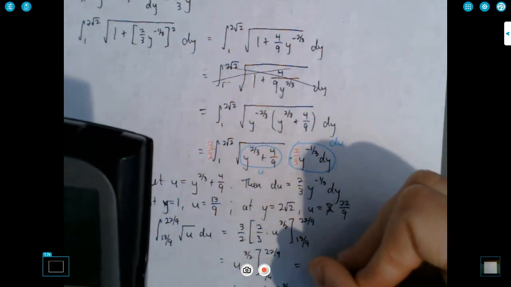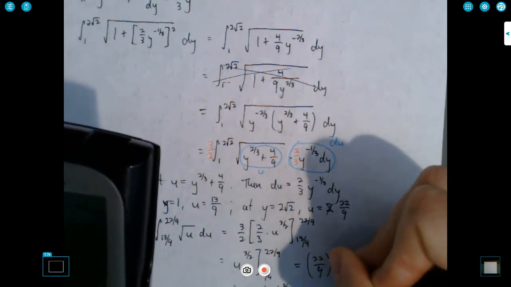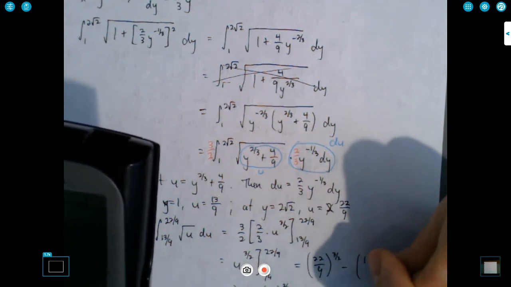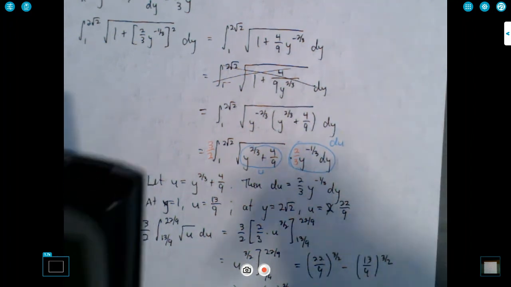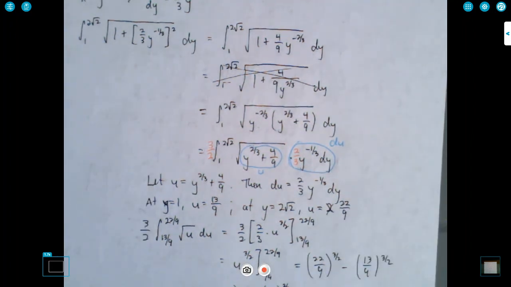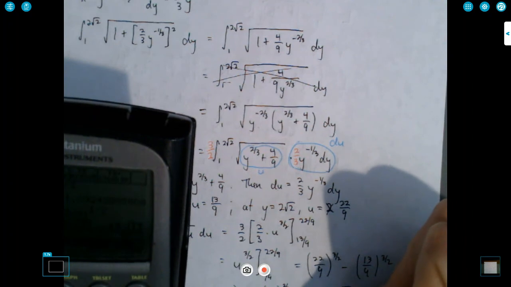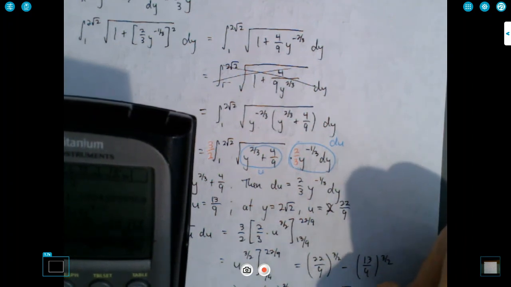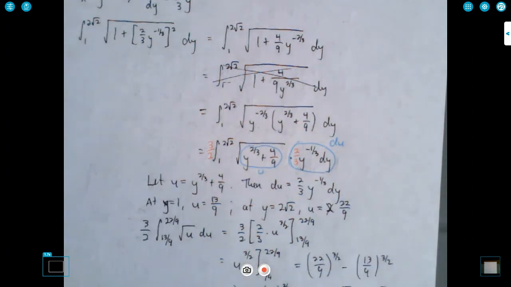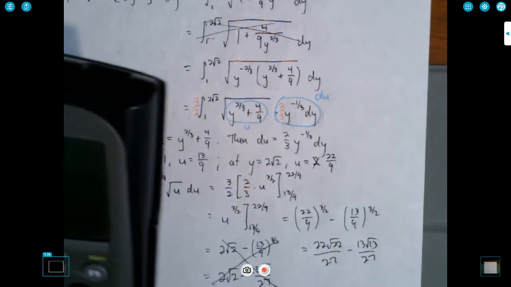Okay, so this is going to be 22/9 to the 3 halves minus 13/9 to the 3 halves, which is equal to 22 root 22 over 27 minus 13 root 13 over 27, and it's approximately 2.09.